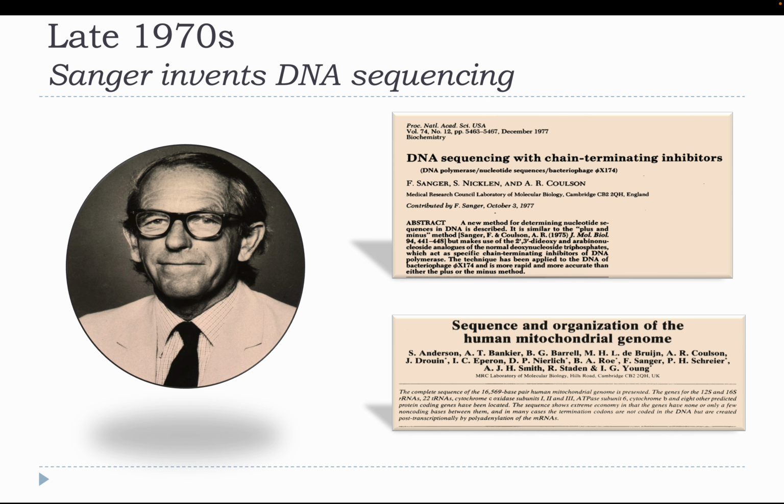He went on and did first a little bit of sequencing and sequenced a bacteriophage. And then within a short period, he went on to sequence what we might call the first bacterial genome, because mitochondria are, in fact, bacteria, if we look at their ancestry, and gave us that first mitochondrial genome sequence.